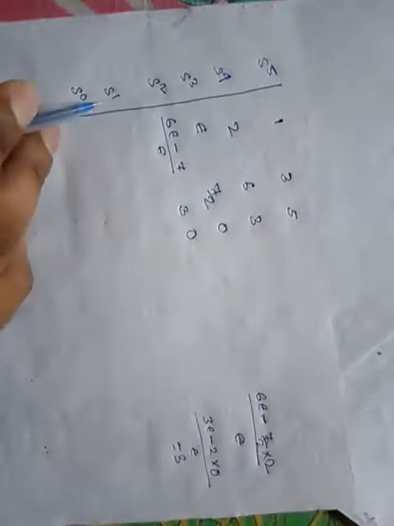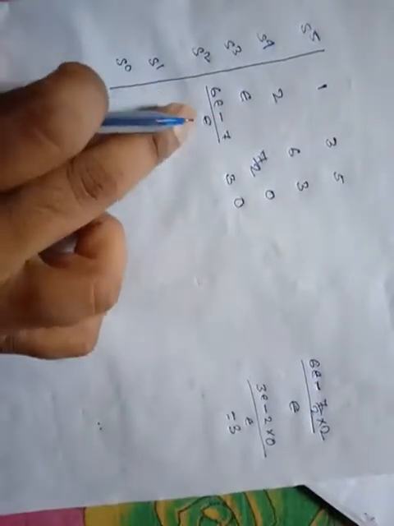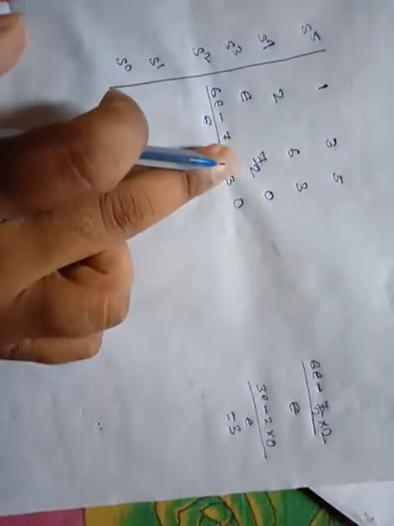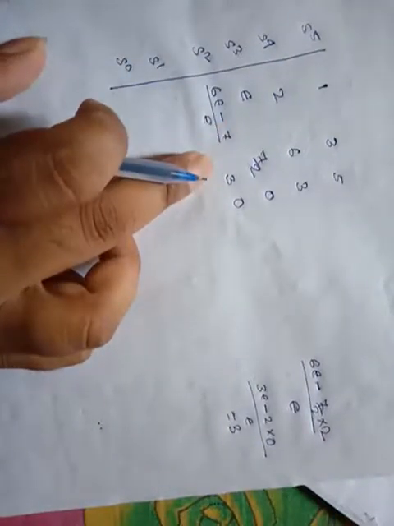For s to the power 1, this equation is multiplied with 7 by 2 minus epsilon into 3.